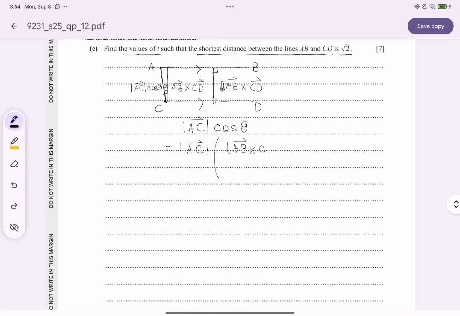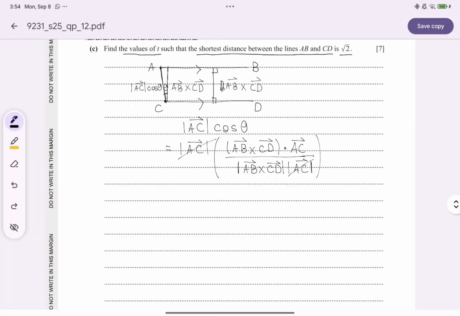So AB times CD dotted with AC, over the magnitude of AB times CD, over the magnitude of AC.